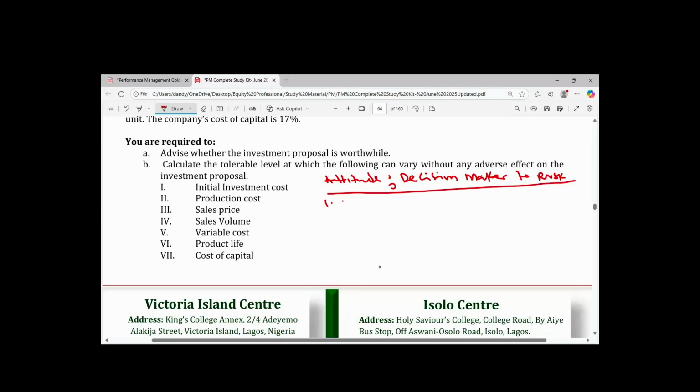You can call it risk aggressive or risk taker. The second one is the risk averse decision maker. Then the third one is the risk neutral individual.